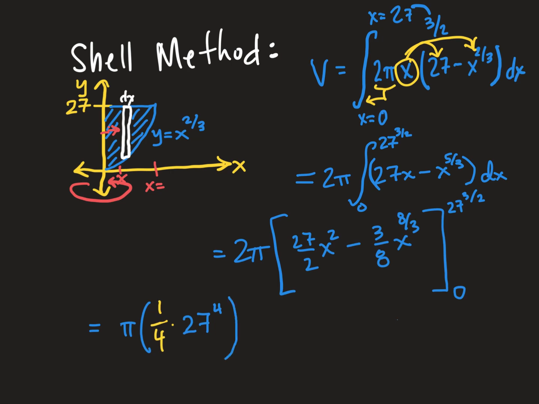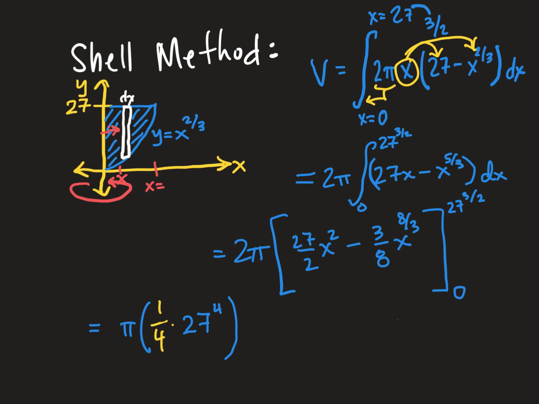So then the last thing that we've got to do is finally bust that calculator back out and figure out what 27 to the fourth power is. We'll multiply that by pi up top. We'll divide by 4 on bottom. I know because 27 isn't divisible by 4, no other power of 27 is also going to be divisible by 4, so I am confident that the denominator is going to be 4.